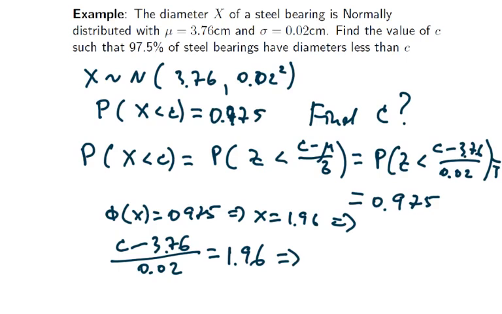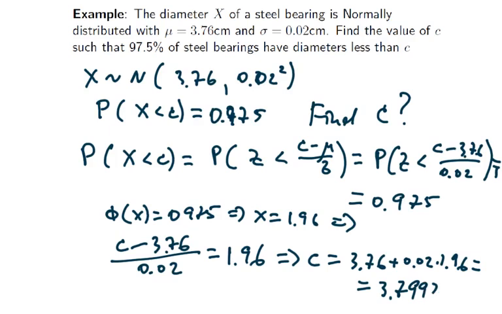And from here we find c equals 3.76 plus 0.02 times 1.96, and this equals 3.7992 centimeters.